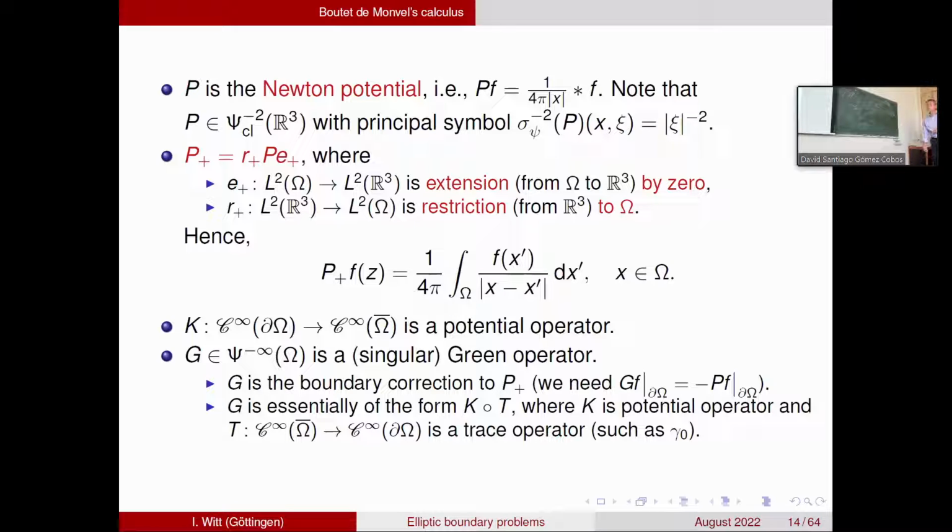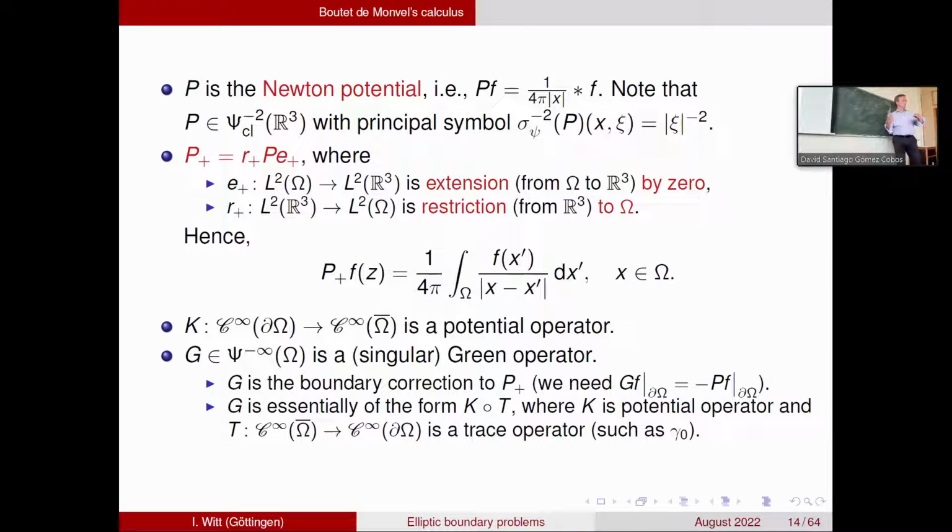Then the first idea to solve our problem is to start with f, which lives on omega, and you extend by 0, let this operator P act, and then restrict back to omega. That is basically what we do. The problem here is that we have basically solved the equation in the interior, but we miss the boundary condition.